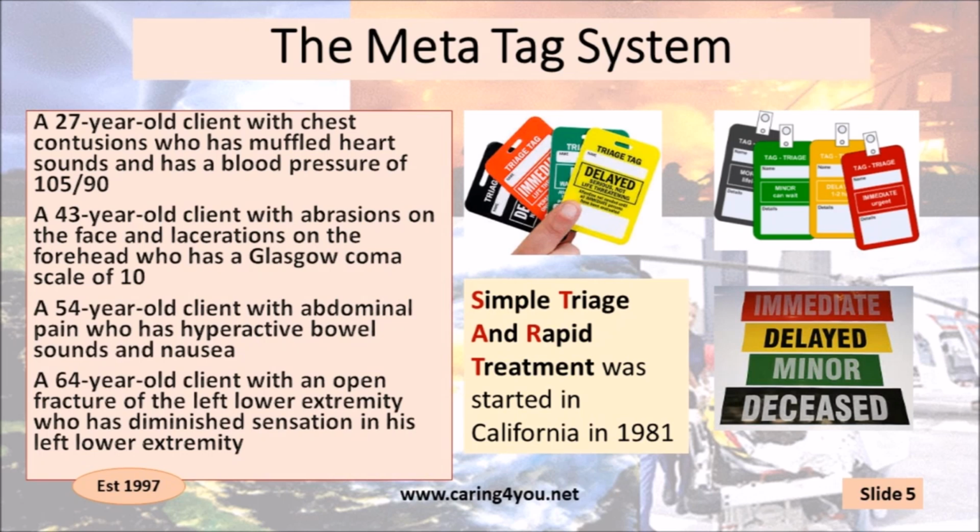You know, try to move them first before you just slap a black tag on them, right? So move them first and then assess them again. If again they fail the respiration, perfusion, mental status test, give them a black tag and move on. The goal here in a disaster is to save as many lives as quickly as possible, right?